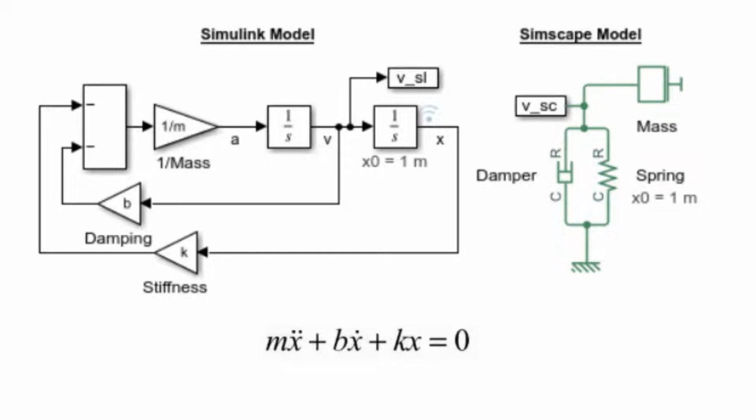This example shows two models of a mass spring damper system, one using Simulink input-output blocks and another using Simscape physical networks. The Simulink model uses signal connections, which define how data flows from one block to another, while the Simscape model uses physical connections, which permit a bidirectional flow of energy between the components.